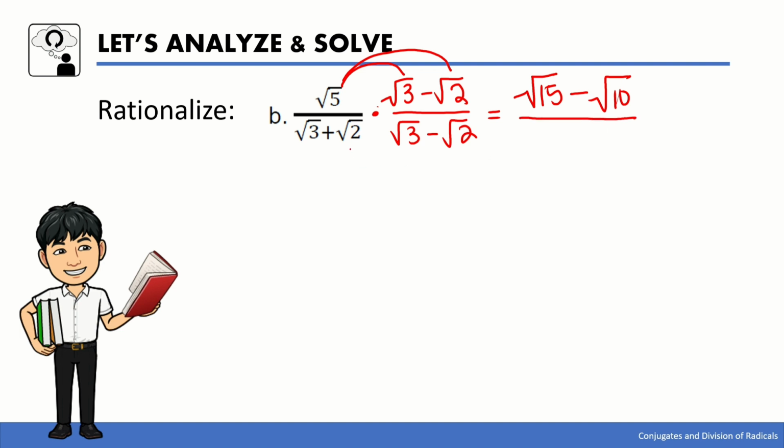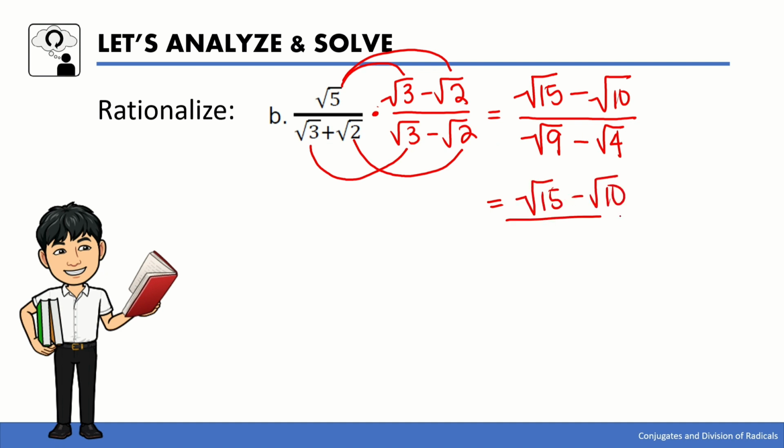All over. Since these are conjugates, we multiply the first term to the first term of the other binomial. We have square root of 3 times square root of 3. That's square root of 9. And square root of 2 times square root of 2, we have square root of 4. So minus square root of 4. Then we simplify. We have square root of 15 minus square root of 10 all over square root of 9 is 3 minus square root of 4 is 2.